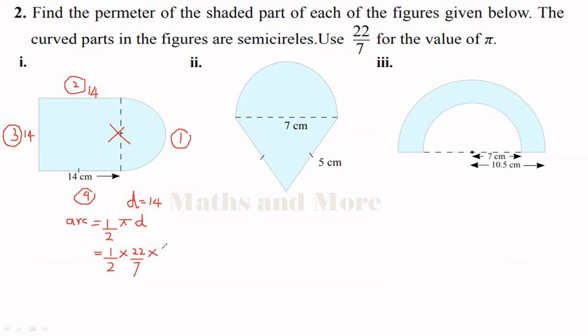Diameter D is 14. Okay. Now let's simplify. 2 into 1, 2 into 7, 7 with 7. Now only 22 remaining. So arc length is 22.